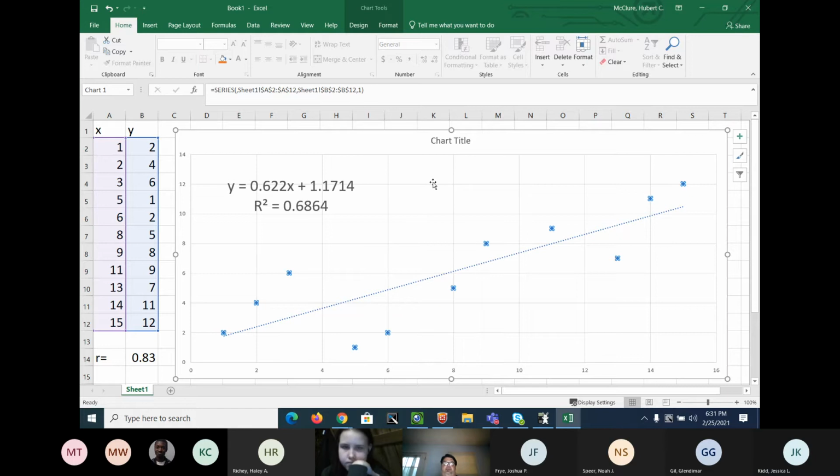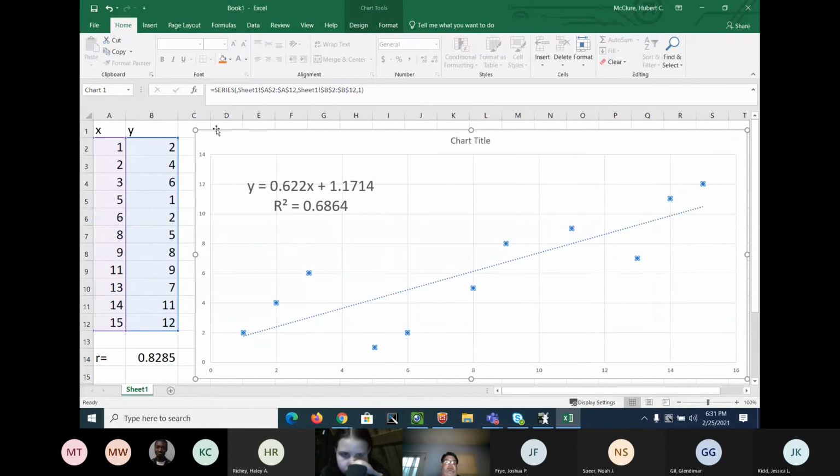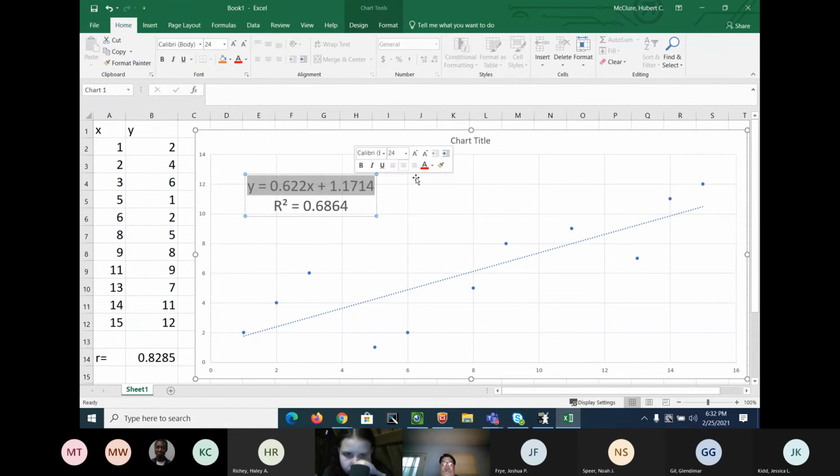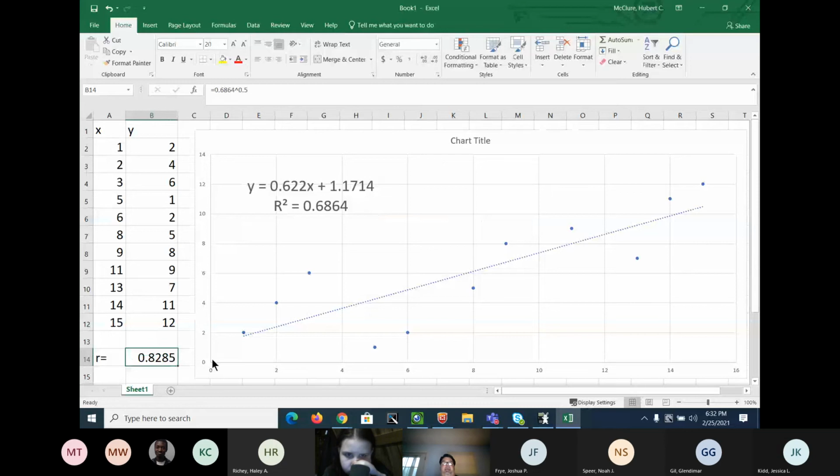The reason I'm showing you this is because I want y'all to see where we're heading with this. Now, what is important with the Excel spreadsheet and the calculator? The Y is equal to that, and the R. That is what you're going to be tested on. And the plot.